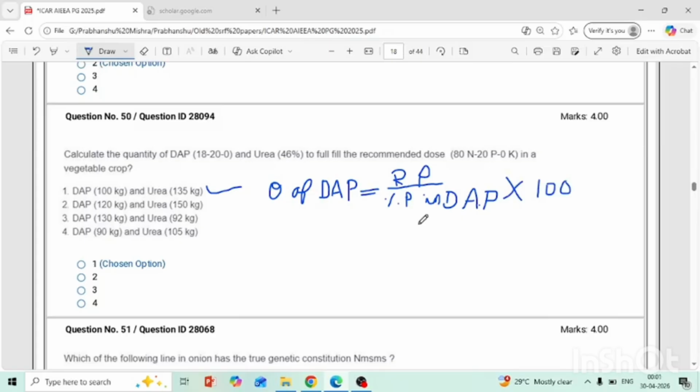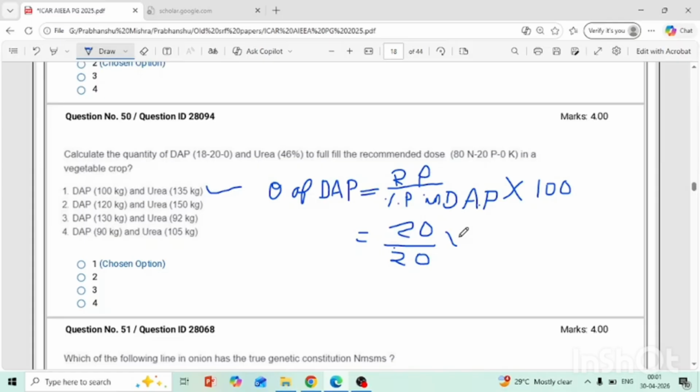So if you calculate the quantity of DAP and the requirement of phosphorus is 20 kg, here you keep the 20 divided by how much phosphorus is present in the DAP, which is 20.